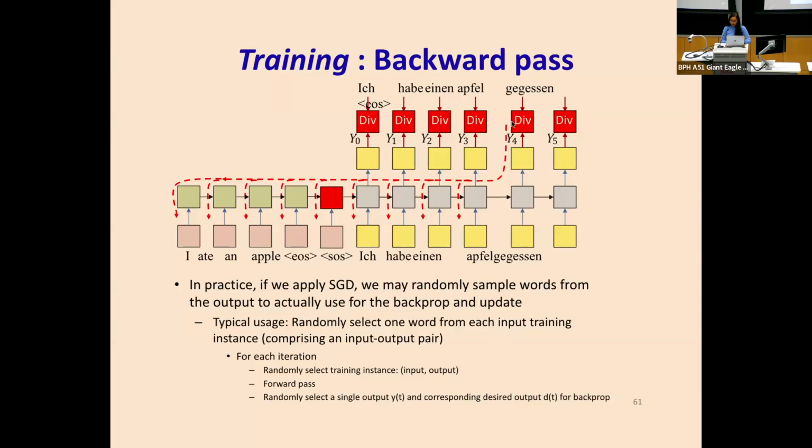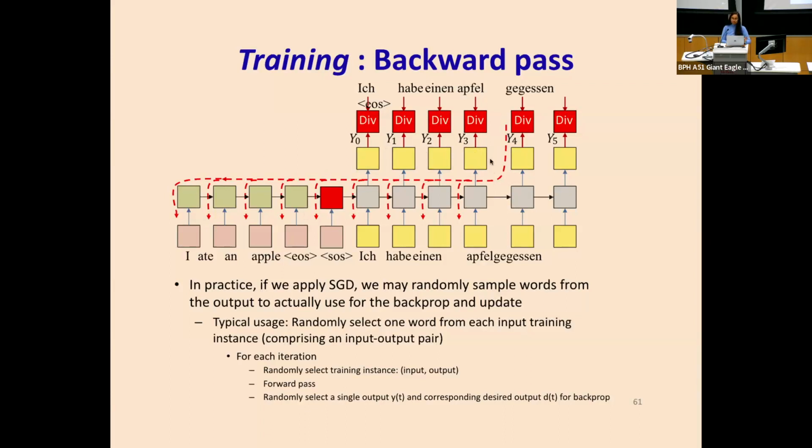It can be anything. It can be KL divergence or a cross entropy loss, whatever. But something that has become a standard practice here is, instead of calculating divergence between all of these y's and all of the dt's, we can just randomly select one y and one dt pair from the entire decoded outputs, calculate the loss between just this single pair, and then backpropagate it instead of doing it for all the pairs of sequences.